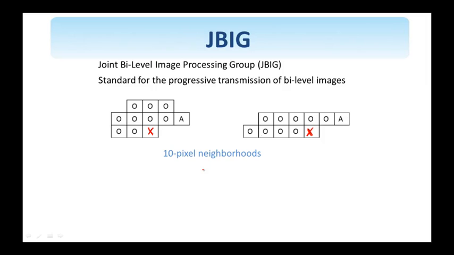Since there are 10 neighbors, there are 2 to the 10 or 1024 different contexts or different coders. Actually, JBIG is using as many as 496 different coders when we deal with a high resolution image. A here is a floating member of the neighborhood, and it can be placed anywhere in the image to possibly uncover specific structures in the image.